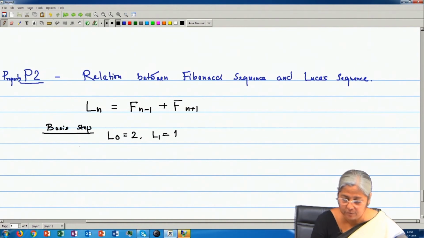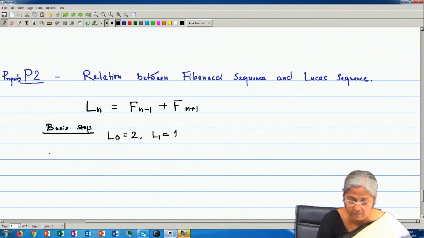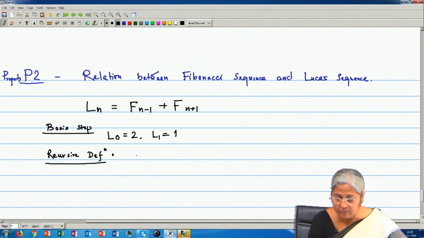And the recursive definition of the Lucas number, we know that L n is L n minus 1 plus L n minus 2.